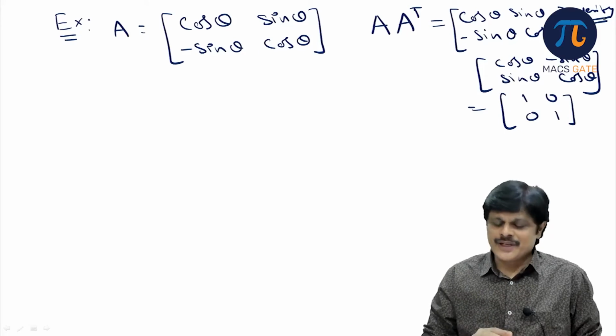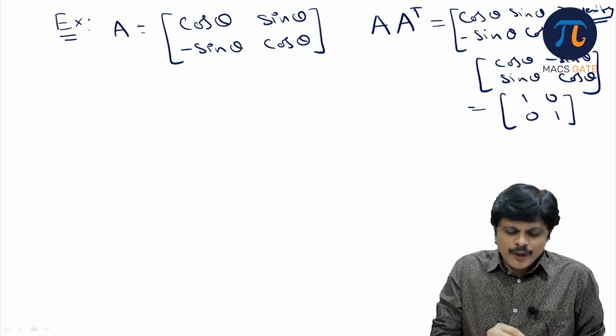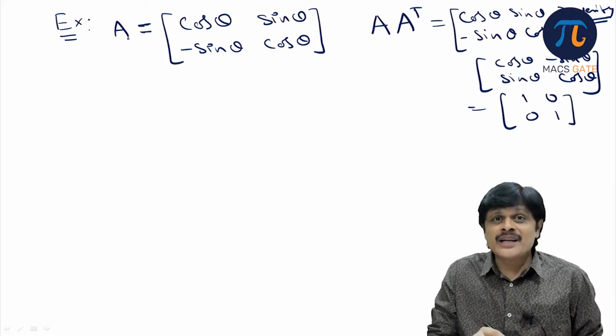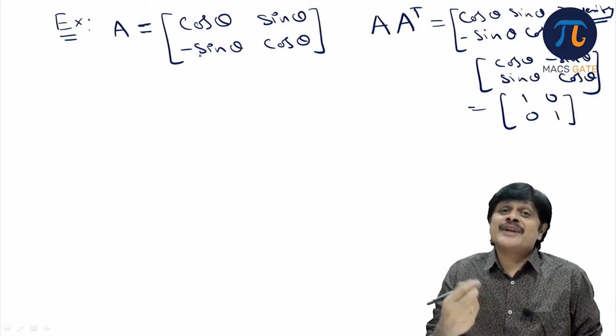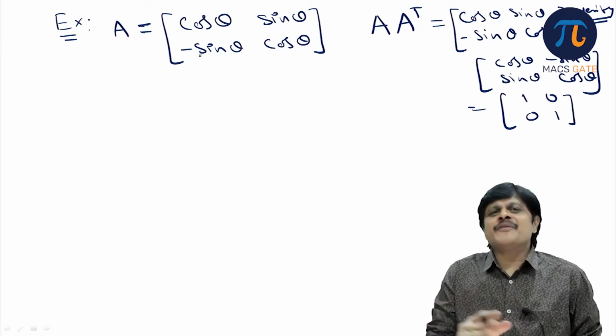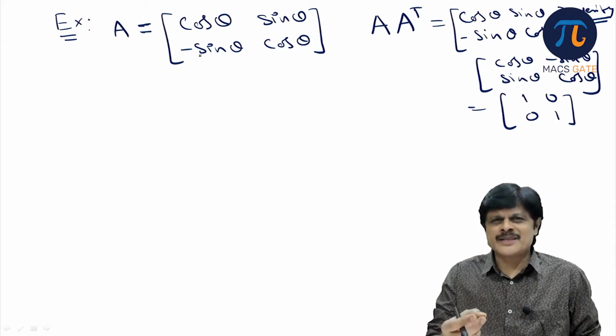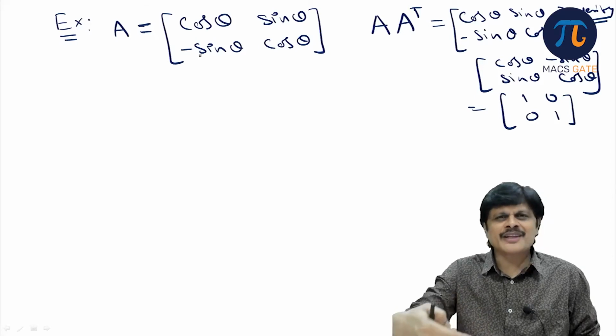Now look here. What the property says is the following. If this matrix is orthogonal, for the rows as well as columns, you can take any one. Most of the time we are only worried about the columns in this case, so I am explaining with columns. You can also verify with rows.